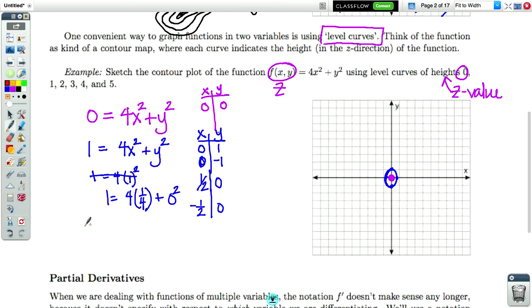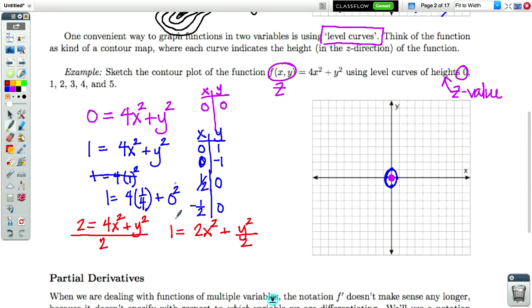Then I can do the same thing with 2, so I'm going to go 2 equals 4x squared plus y squared. And now I'm actually going to use what I know about conic sections. When I'm dealing with conic sections, I want to have everything equal to 1. So I'm going to divide every single piece by 2, and I'm going to make this 1 equals 2x squared plus y squared over 2.